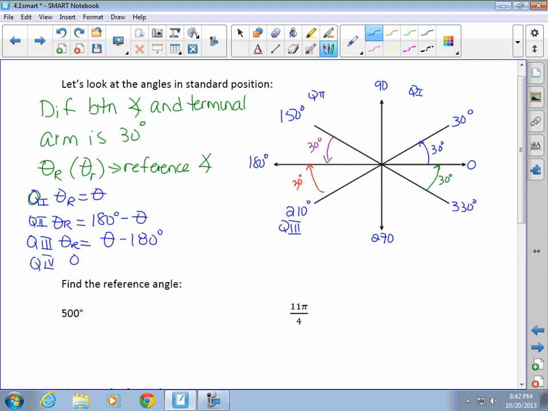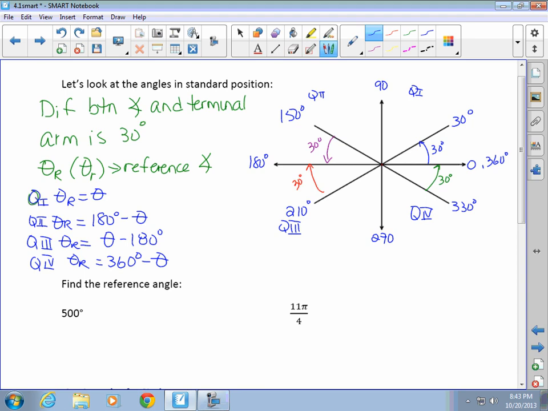In quadrant 4, my angle was 330, my reference angle was 30. Well, I know to get all the way back here is 360 degrees. So your reference angle in quadrant 4 was just your 360 degrees minus your angle.